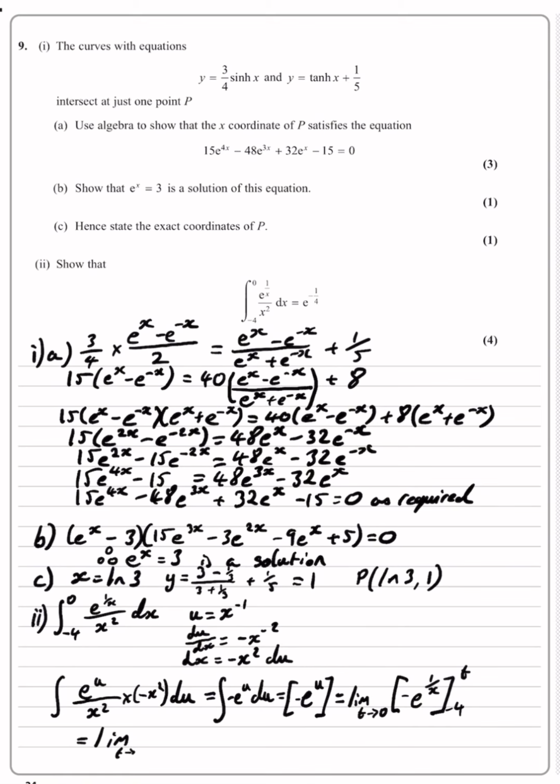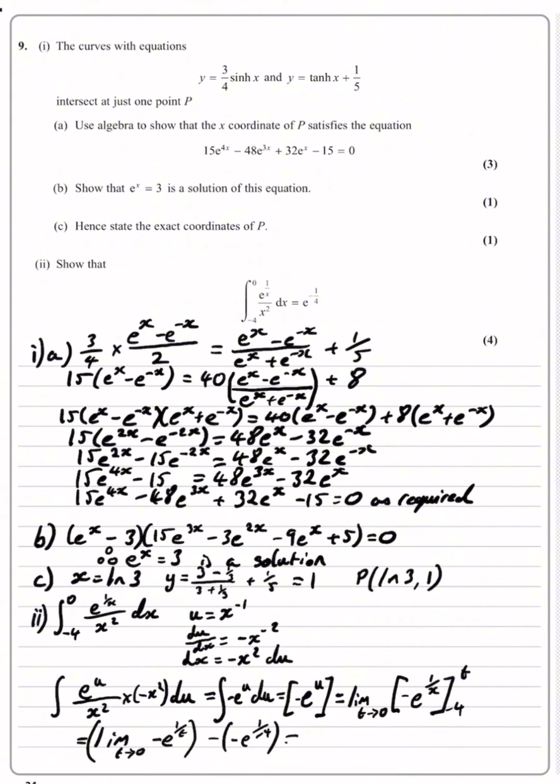So plugging t in, the limit of t tending to 0 of minus e to the 1 over t. We're coming in here from the negative side, so t is tending to 0 when it's negative. So we're going to get e to the power of a very large negative number, which is going to tend to 0 as that happens.